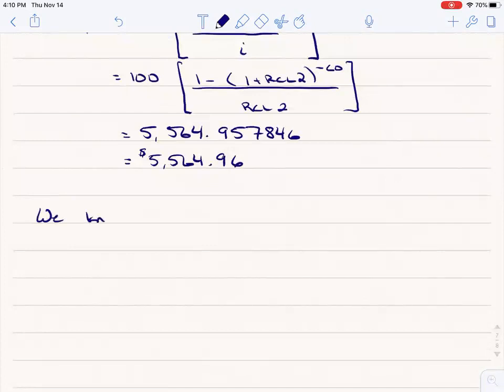We know that present value 1 equals future value 2, so they're both equal to 5,564.96. So now we can use that to solve for, and then there were 3.